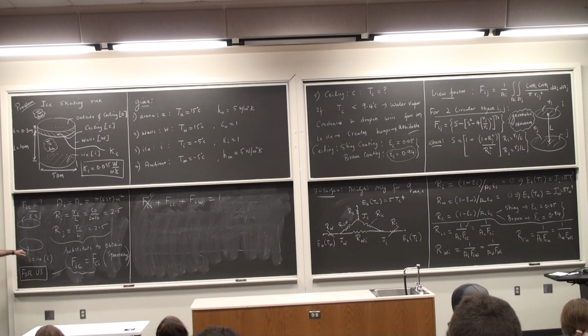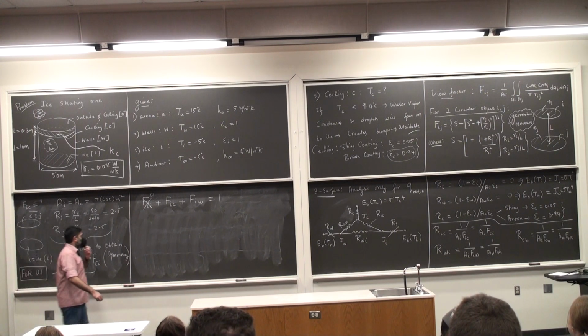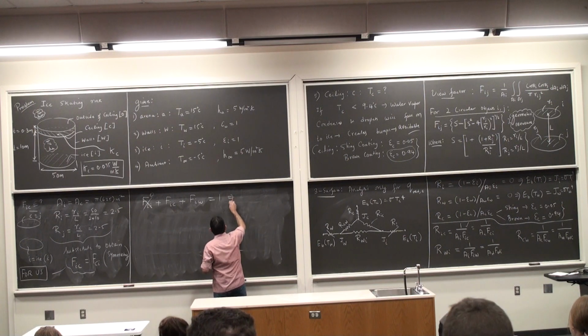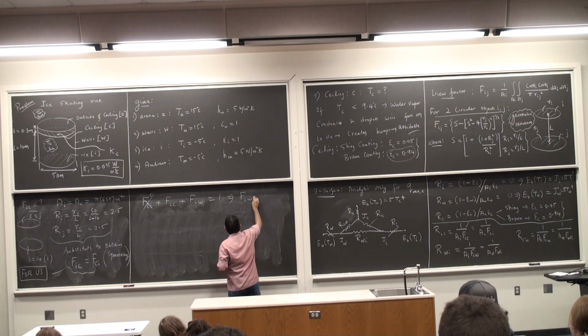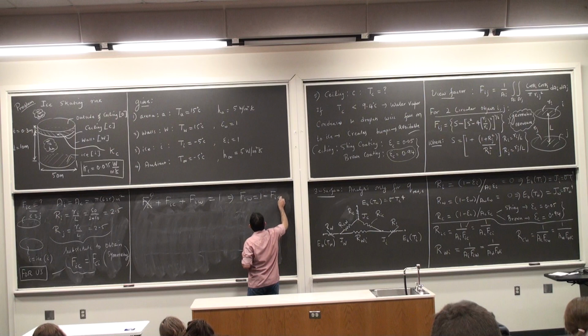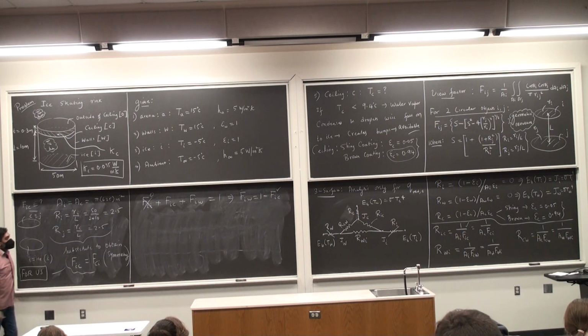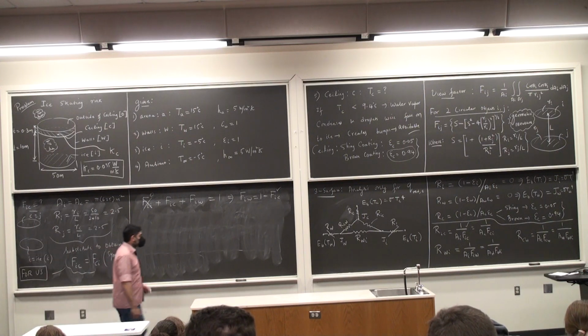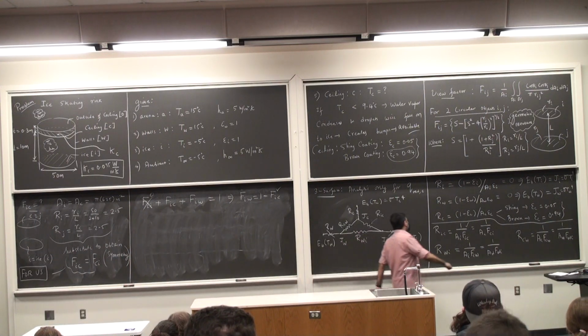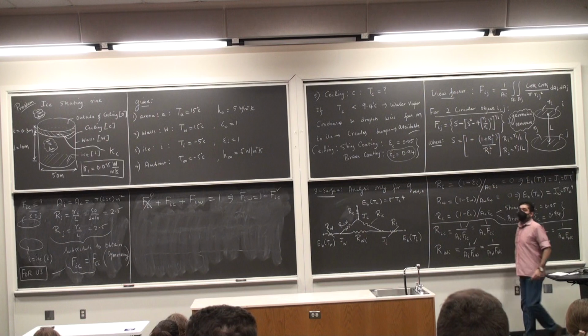FIC can be calculated from the formula. So that FIW is 1 minus FIC. So if I know FIC, I can calculate FIW, which means that I know the resistance here. This is known to us as well.